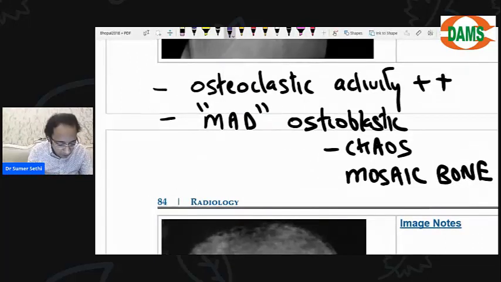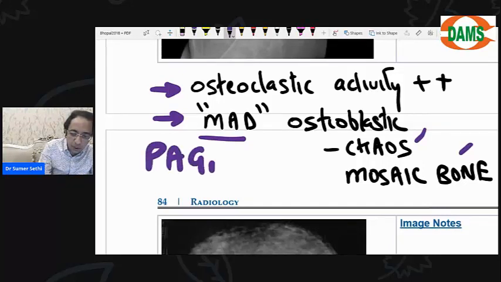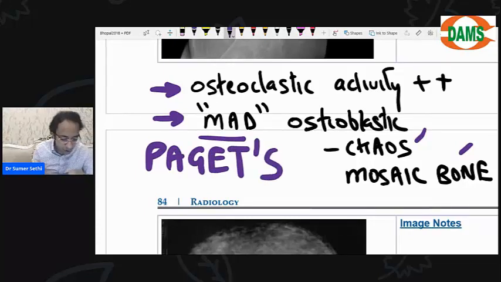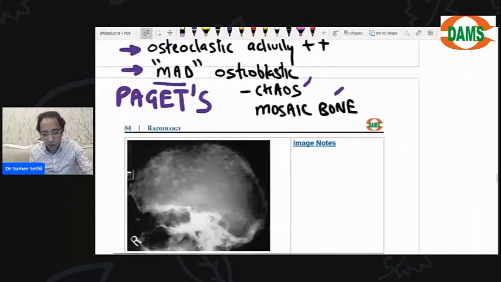Can you think of a miscellaneous bone disease in which you have osteoclastic activity followed by mad disorganized osteoblastic activity, which is chaotic, leading to mosaic bone formation, that is called as Paget's disease of the bone? What is Paget's disease? Osteoblasts ka pagalpan is Paget's disease.